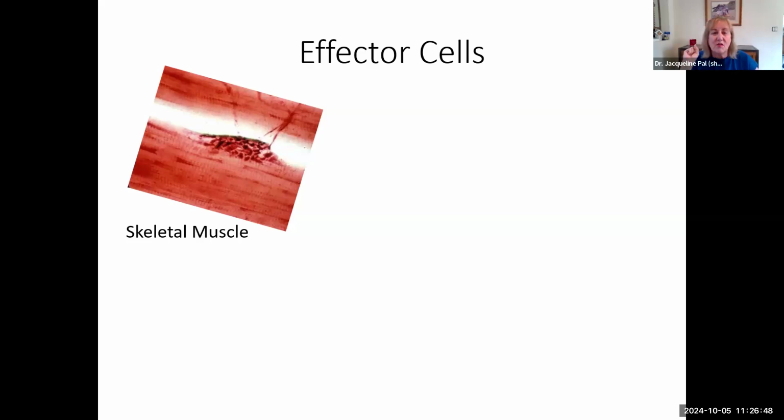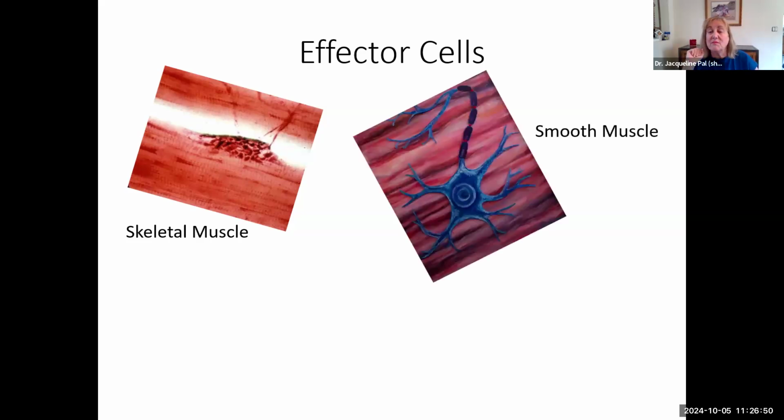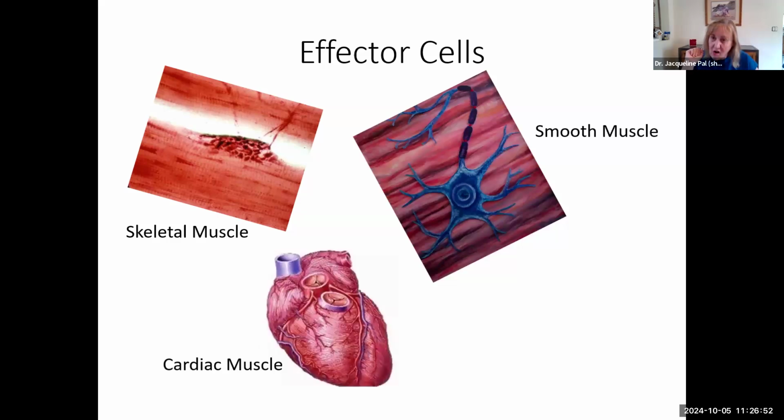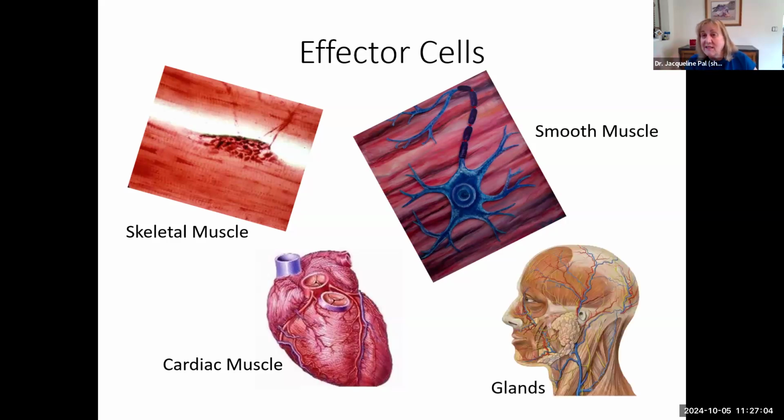So not only is skeletal muscle an effector, so is smooth muscle and cardiac muscle. Smooth muscle will contract and cardiac muscle will contract or relax. And then the 4th type of effector cell are your glands.